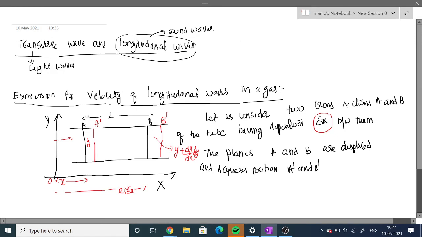Okay, so as I said, when the wave passes, the planes A and B are displaced and acquire new positions, that is A dash and B dash.